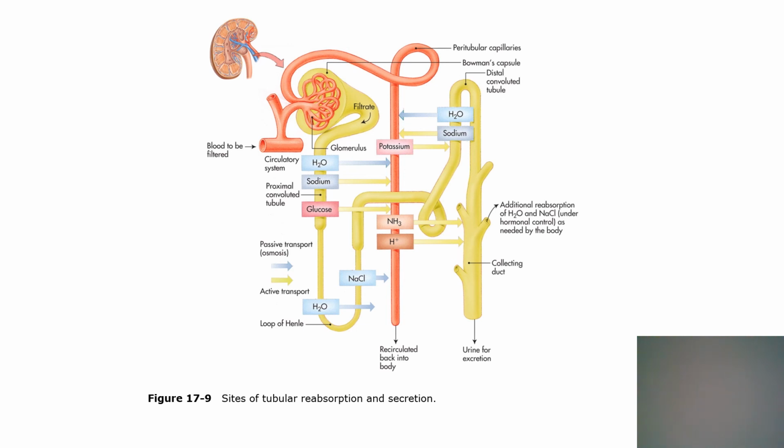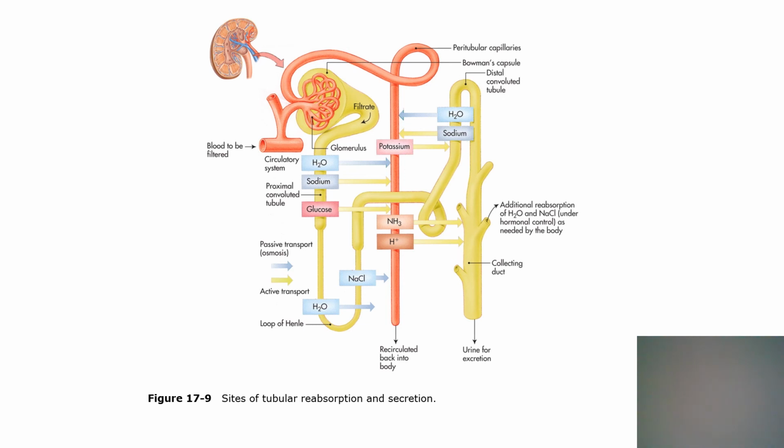At the bottom of page 385, there's a table called individual tubal functions. And it's similar to this, it gives you an idea of what is reabsorbed or secreted and where. It's more for interest.